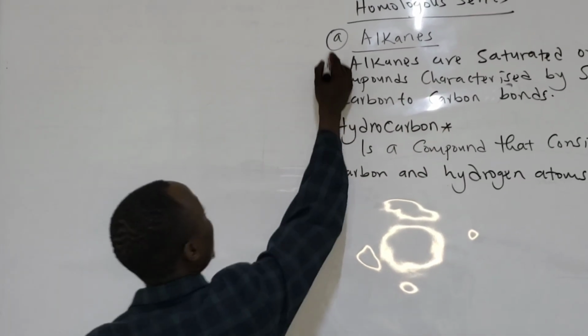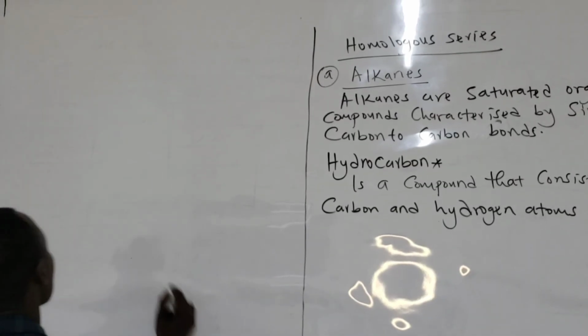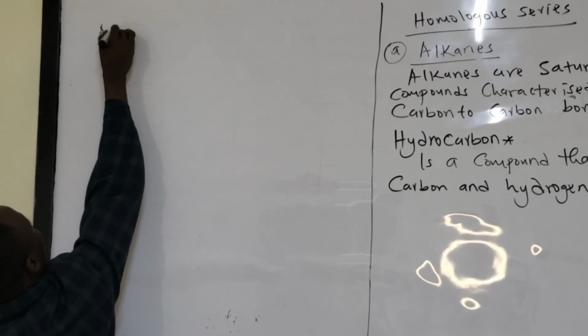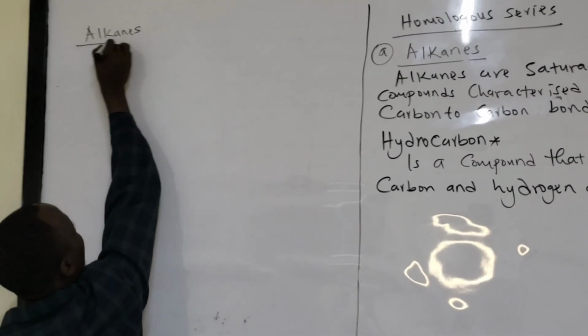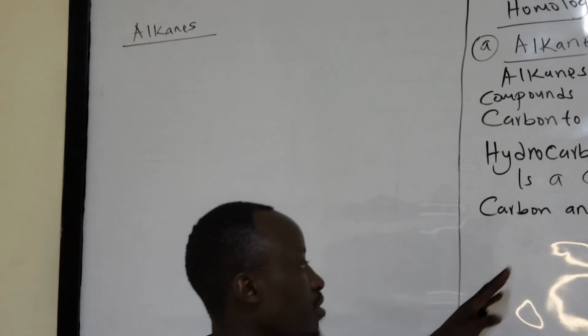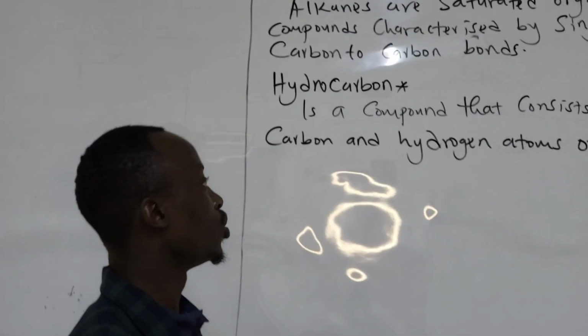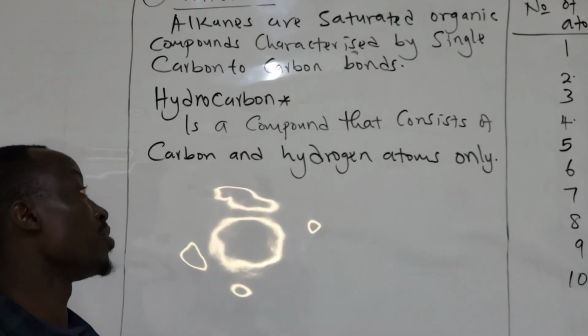Our first 10 alkanes are going to be as follows. Again, before I forget, you also must know how to form the alkane itself.